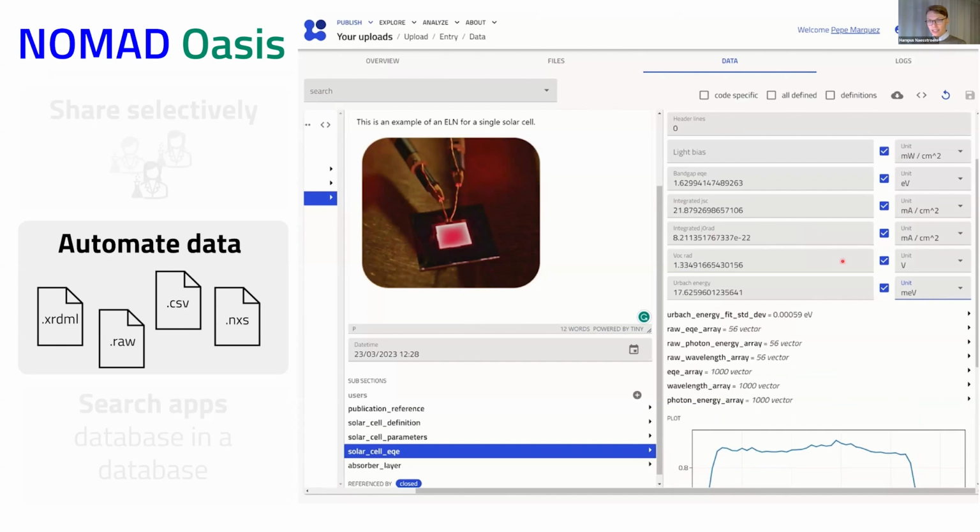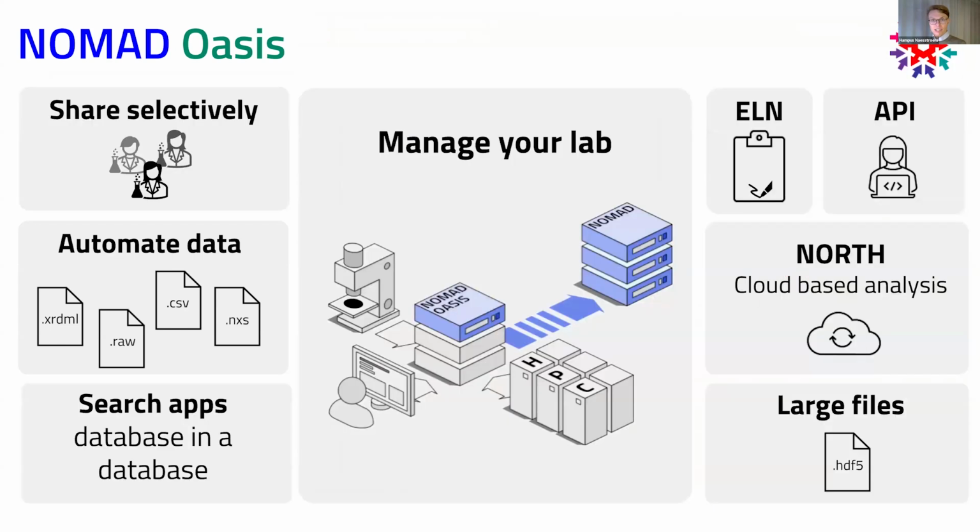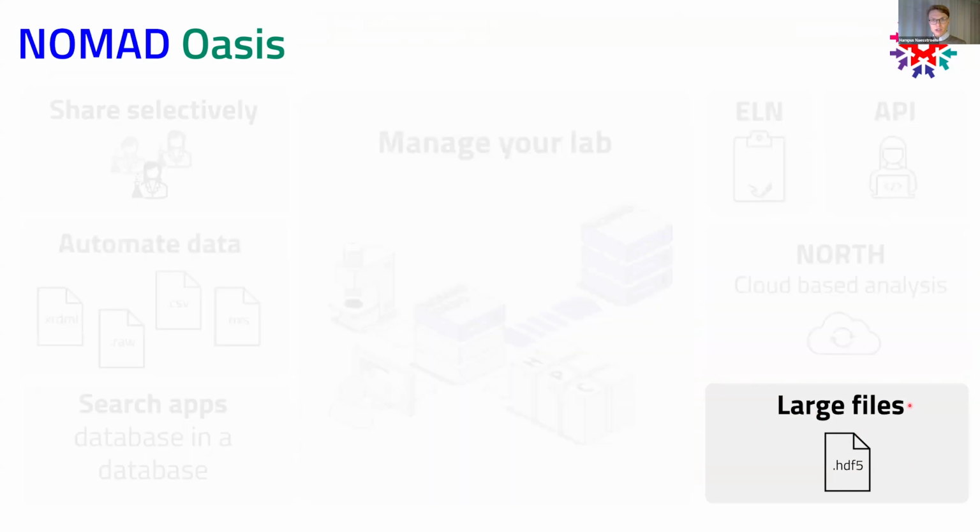And in addition to this, we have the capability of handling large files or measurement files directly. So we have support for Nexus in NOMAD. So Nexus is a standard for a measurement system that started in the neutron and X-ray field, but is now being expanded also as part of the FAIRmat initiative into other fields.